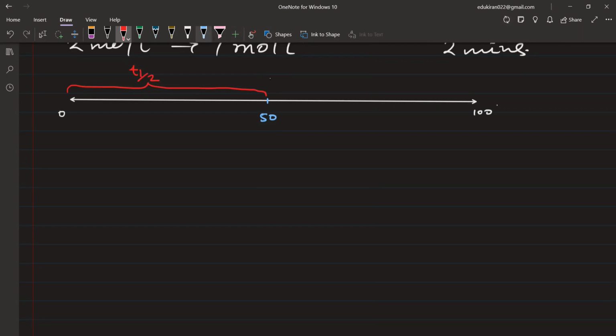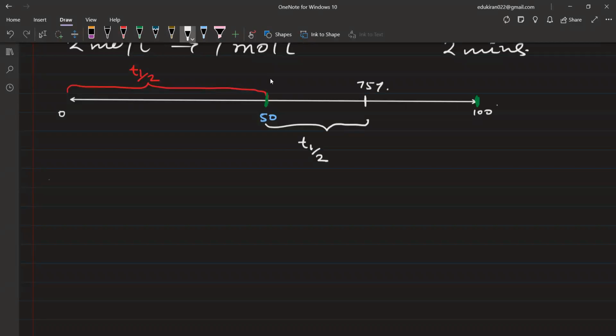Now, if I look from this green point to this green point, then the half of this will be somewhere here. And the time taken for this half will also be T half. And this will be 75%.